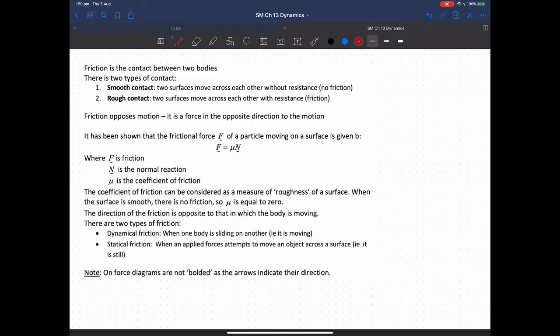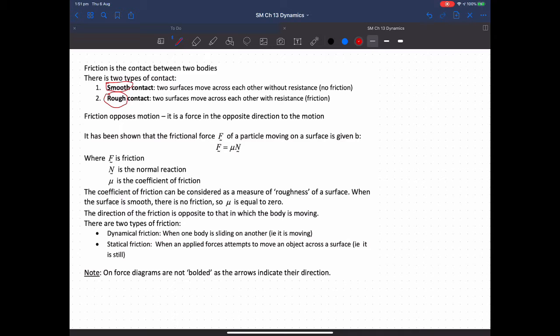If we are told that there was a smooth surface, this implies smooth contact, then we say there's no friction involved. If, though, we're talking about rough contact or rough surfaces, this means that there is friction involved.